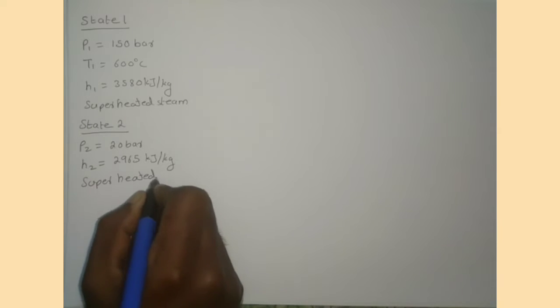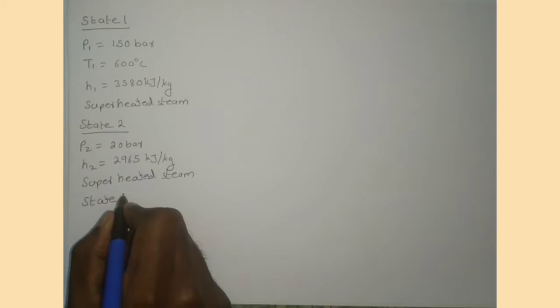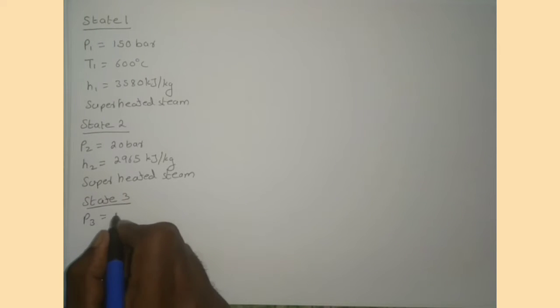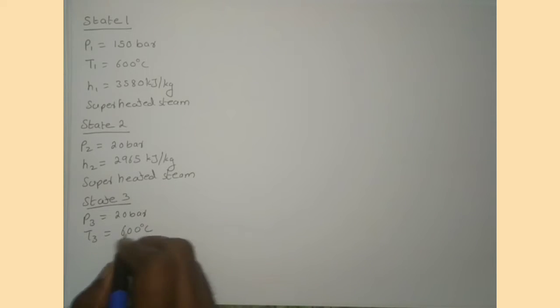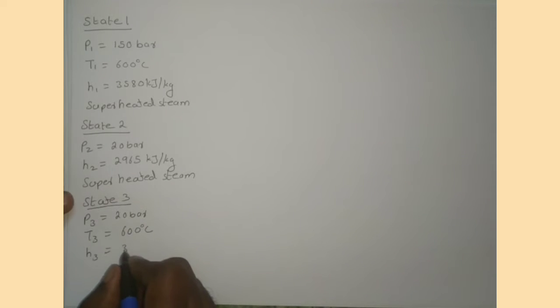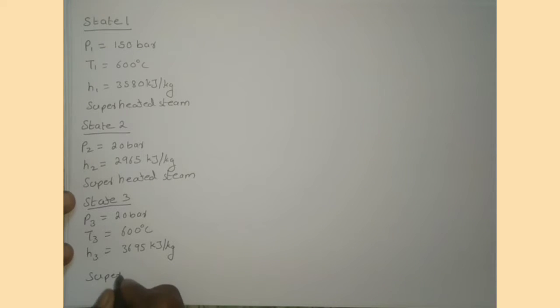State 2 is also in the superheated region. At state 3, pressure P3 equals 20 bar, temperature T3 equals 600 degrees Celsius and enthalpy H3 equals 3695 kJ per kilogram.